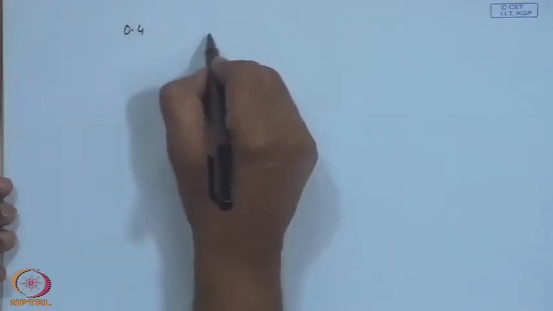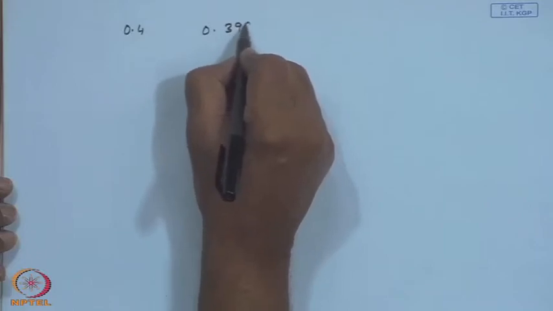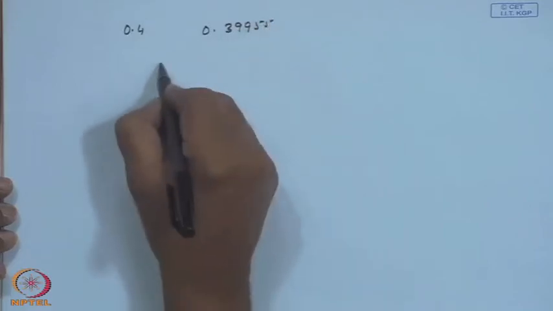So, left hand side will be 0.4 and the right hand side will be 0.39955, pretty close.